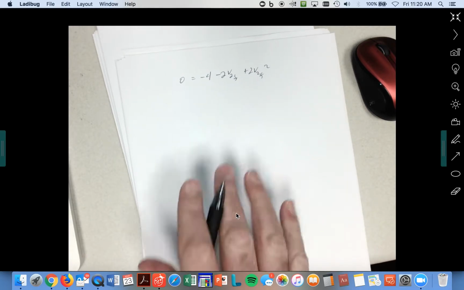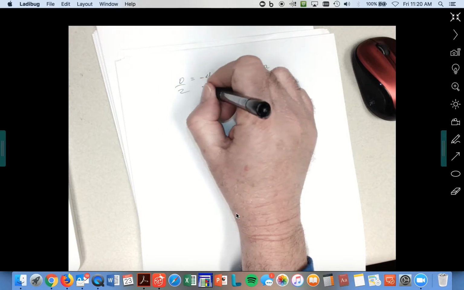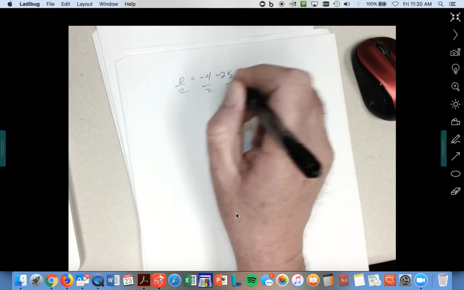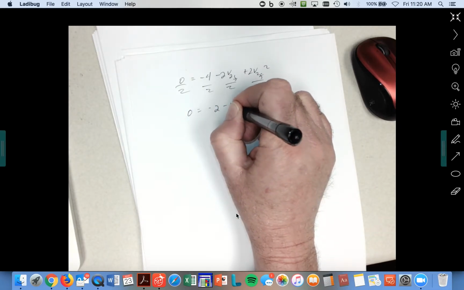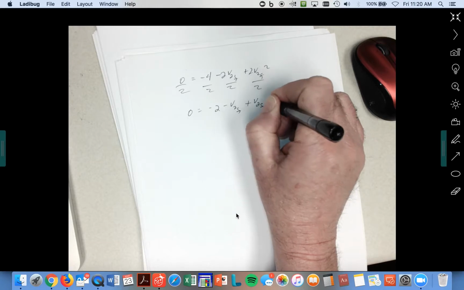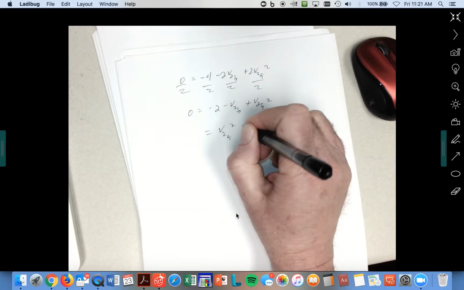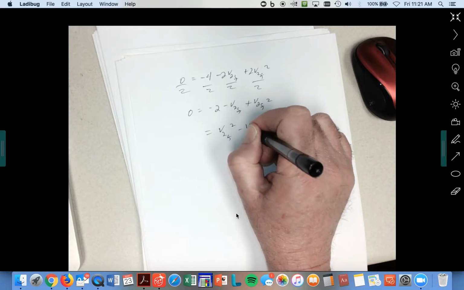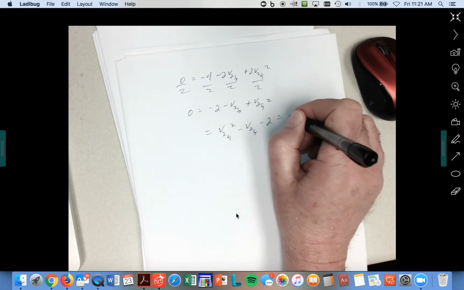There we go. Hey, let's divide everything by 2. And we get 0 is equal to negative 2 minus V2 final plus V2 final squared. Let's rewrite this as V2 final squared minus V2 final minus 2 is equal to 0.